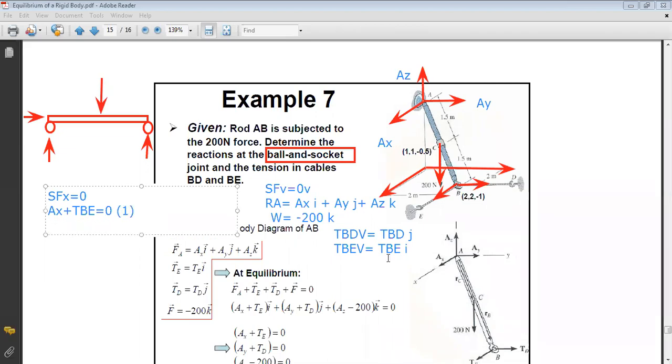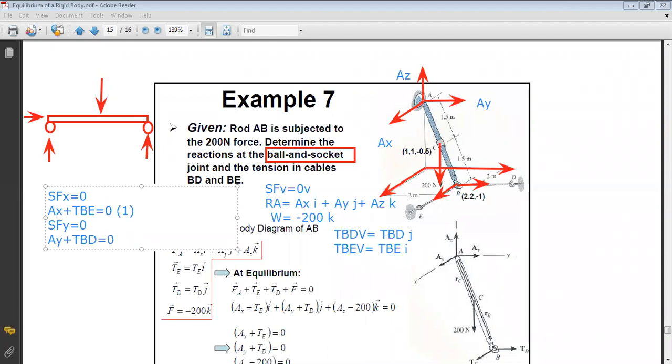Now, the second equation is sum of Fy equals 0. If I look at my figure, what are the forces along y? First, RA has a y component, so it's AY. For the weight, no y component. For the tension, I have TBD, so it's plus TBD equals 0.